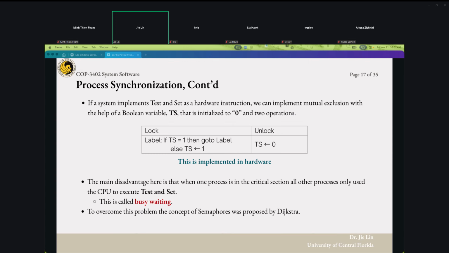In computer science terms, it is wasting CPU cycles. To overcome this inefficiency, the better approach would be some form of line or queue, where the process waits without consistently checking.